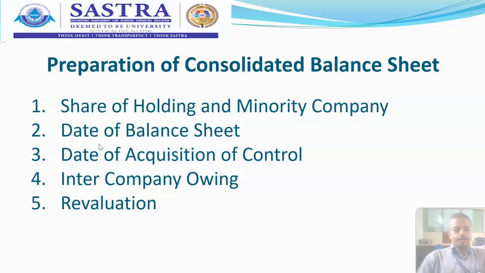What do we need to calculate from it, and what do we need to show in the consolidated balance sheet? Point number 3, we are going to explain in detail. We need to learn that because there are major workings while solving the problem of a holding company.